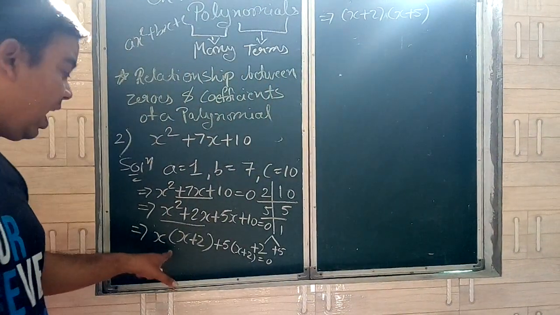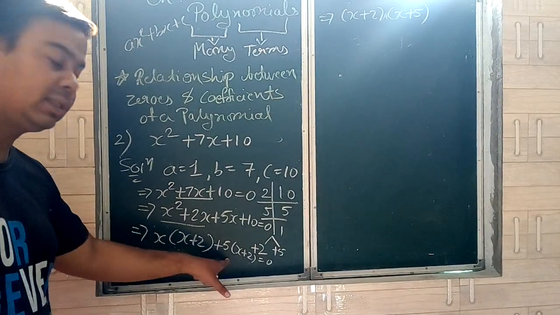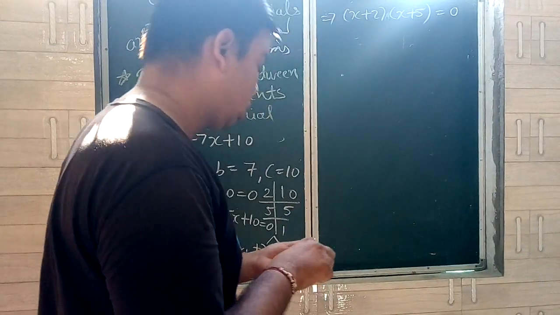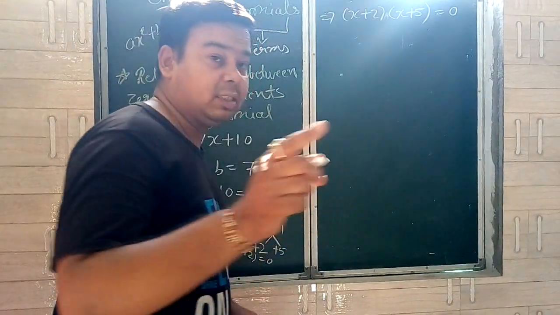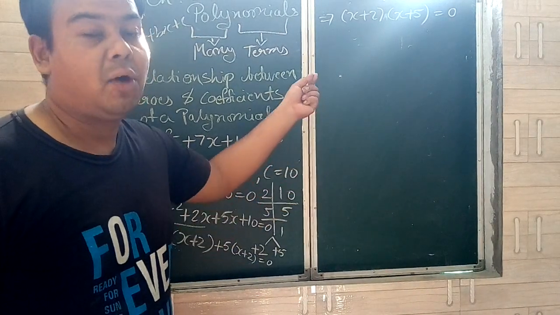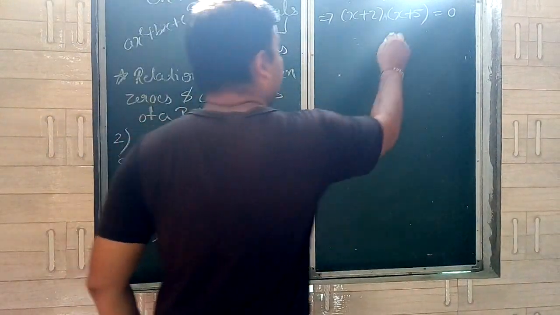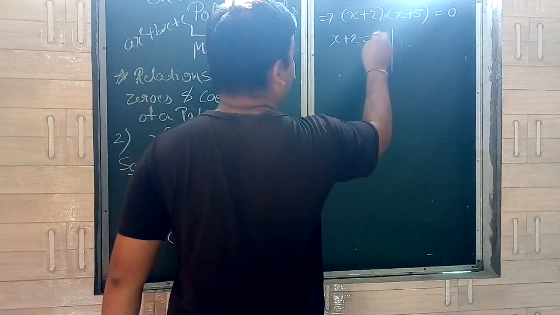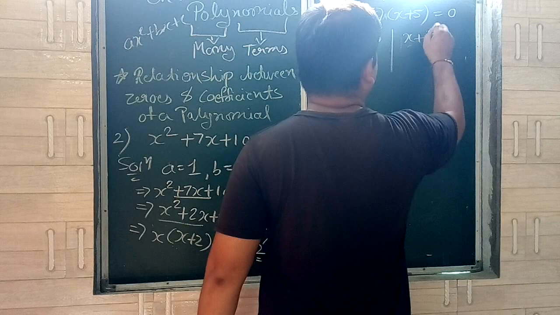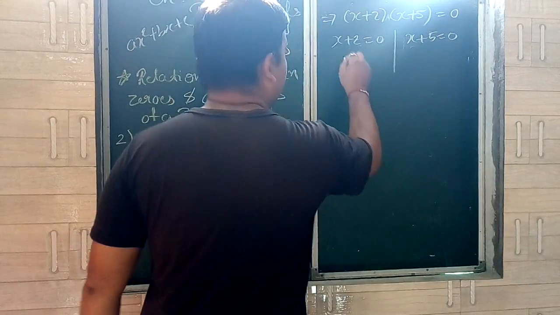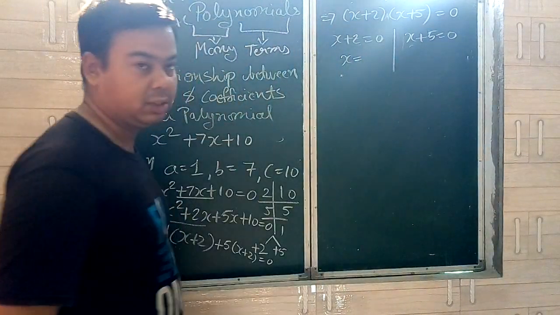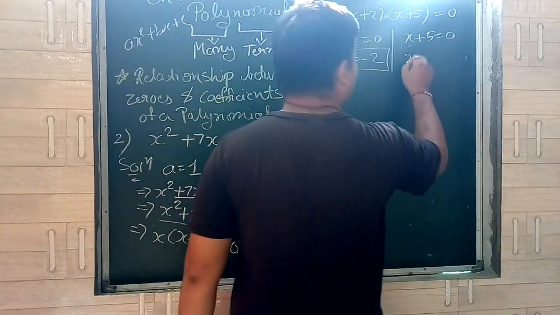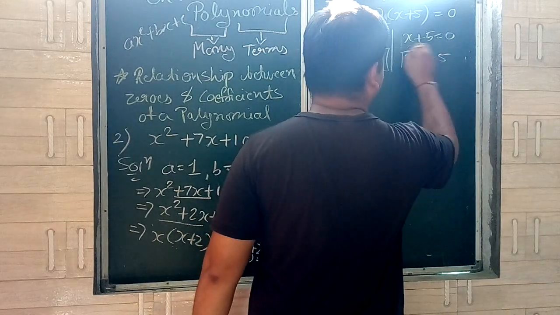x plus 2 and x plus 5 equal to 0. Now we find the zeros. x plus 2 equal to 0, x plus 5 equal to 0. Now x equal to plus 2, transpose this side, so minus 2, and x equal to minus 5.